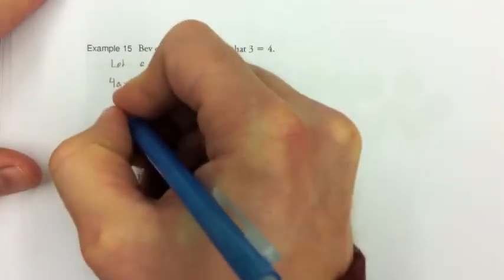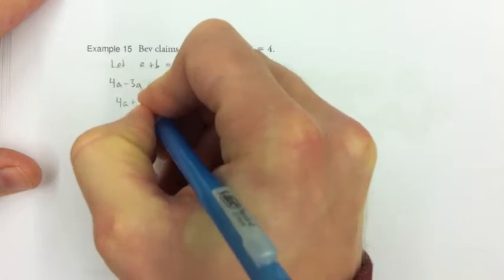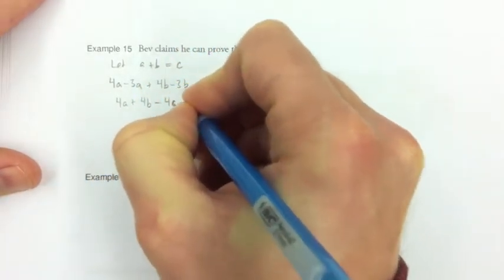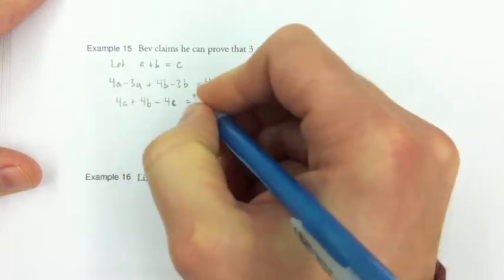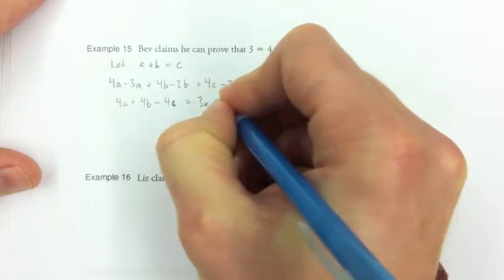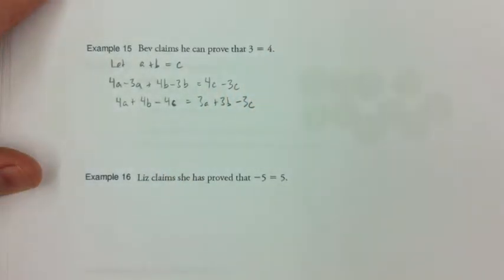Then she went on to rearrange the equation. 4A plus 4B minus 4C must be equal to 3A plus 3B minus 3C.